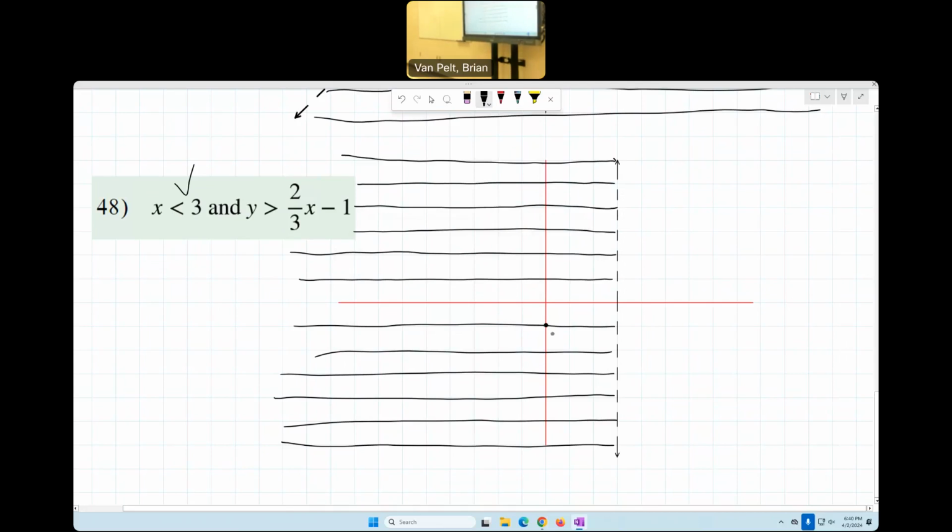And then how should I proceed after that point? Up 2, right 3. This will also be a dashed line.